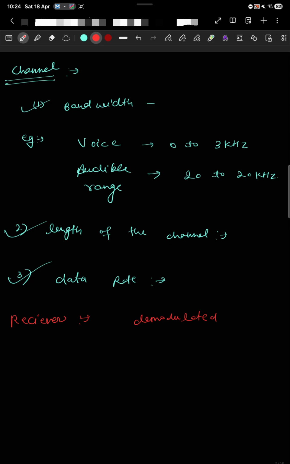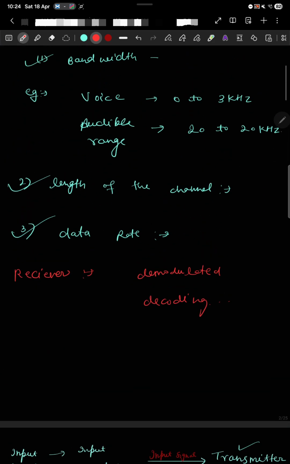So after this decoding, the signal comes in digital form.